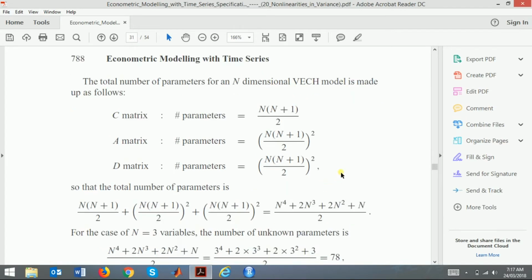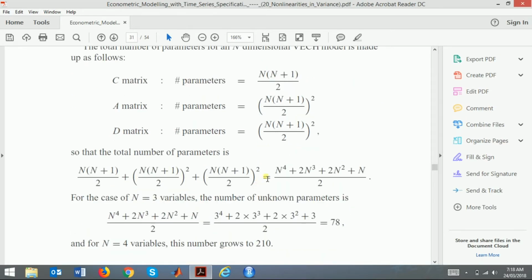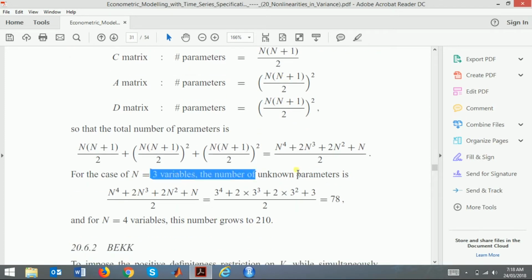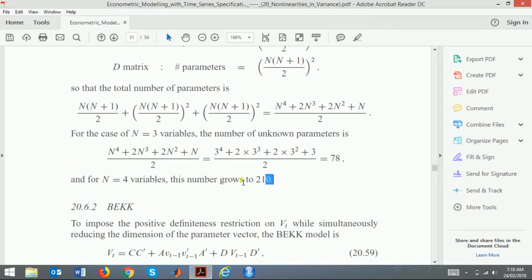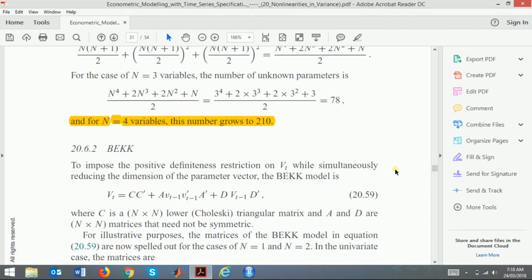Quite huge. The total is obviously adding these three up. For a 3 variable model, there are 78 unknown parameters, and for larger ones, 210. So that is a problem with VEC, quite huge.